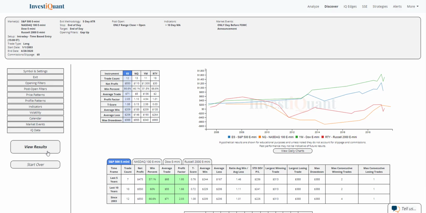The one thing that really stands out to me is that the sample sizes went from 40 to about 12. You see ES 12 samples, NASDAQ 13, YM 11. Russell has more, and looks like it's probably more split, 50-50 between samples. But the rest of these are pretty low sample sizes.